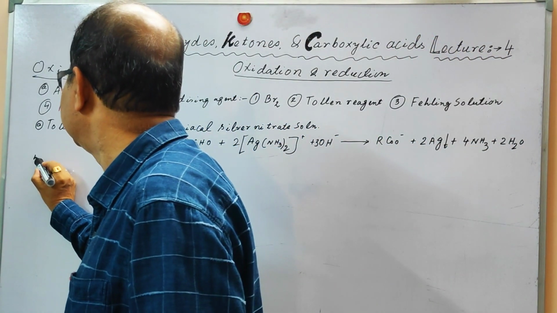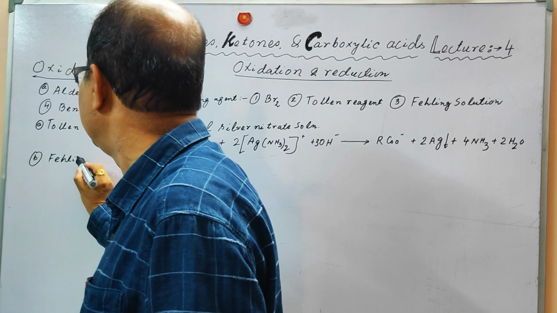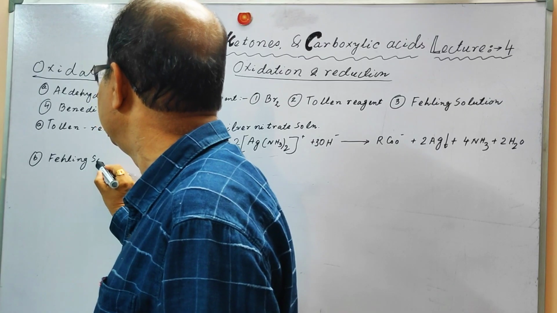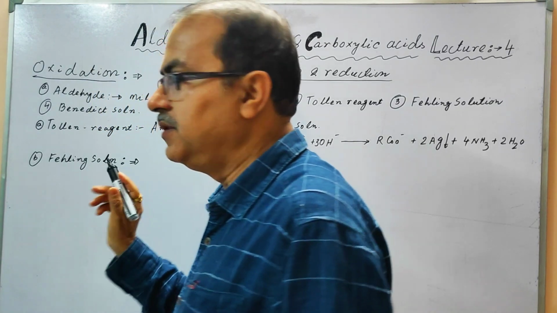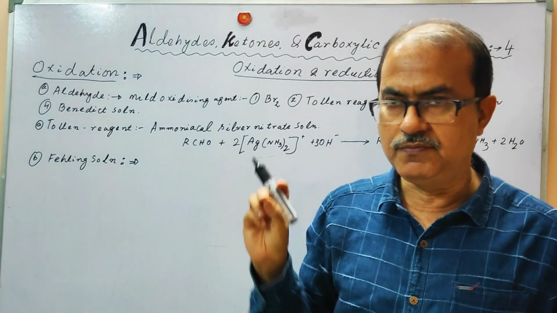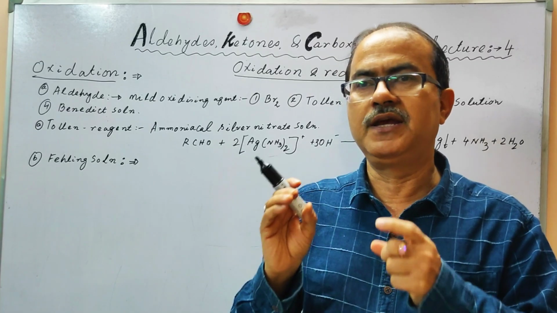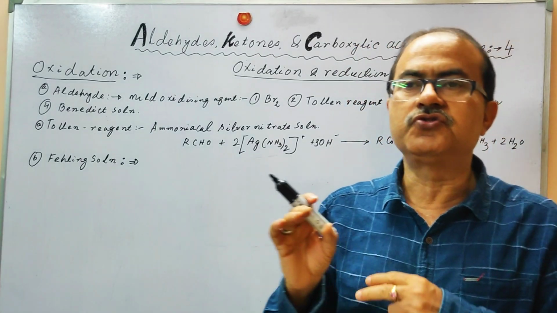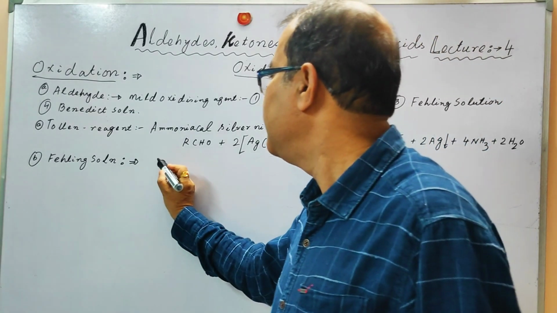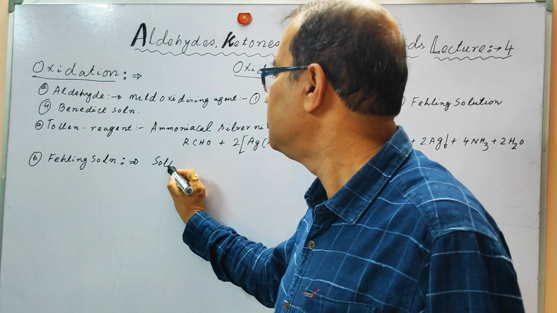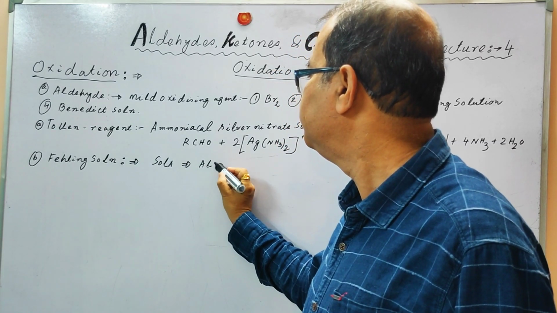Second, we are going to discuss Fehling solution. Fehling solution is composed of two solutions, solution A and solution B, mixed with each other 50-50.